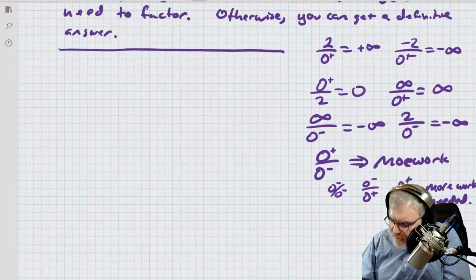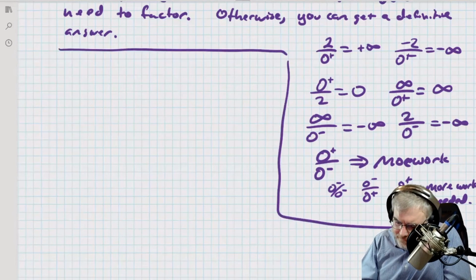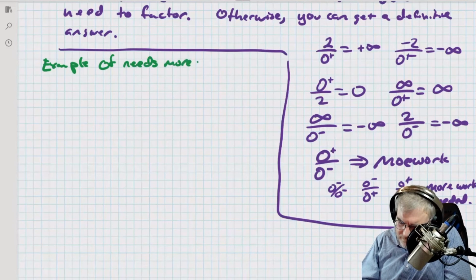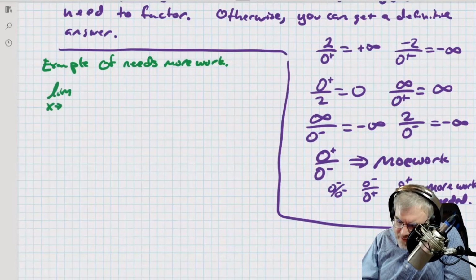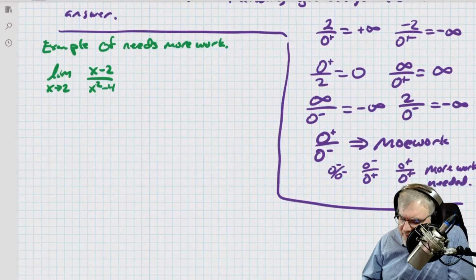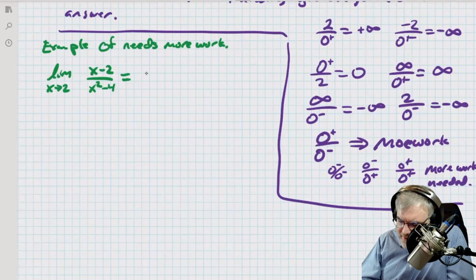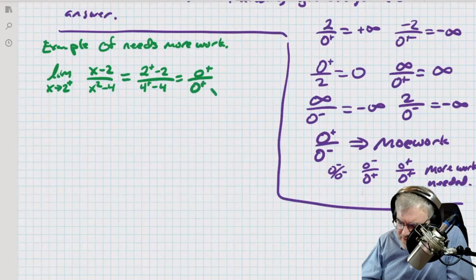Okay, let's do an example of needs more work. If I have, again, the limit as x goes to 2 of x minus 2 over x squared minus 4, and I sub in here, let's just do it from the right, so I only have to do one of them. 2 plus minus 2 over, this is a 2, so 4 plus minus 4 equals 0 plus over 0 plus.